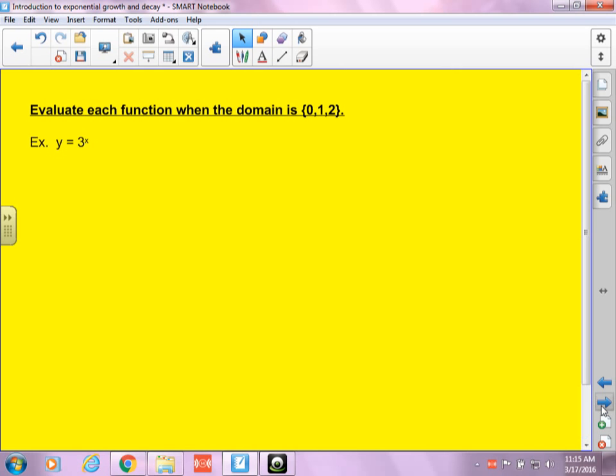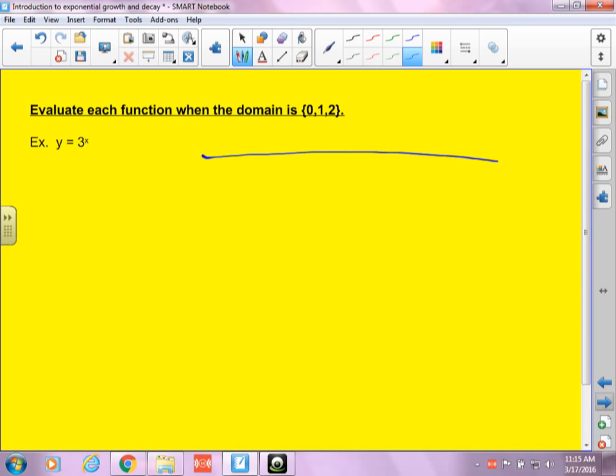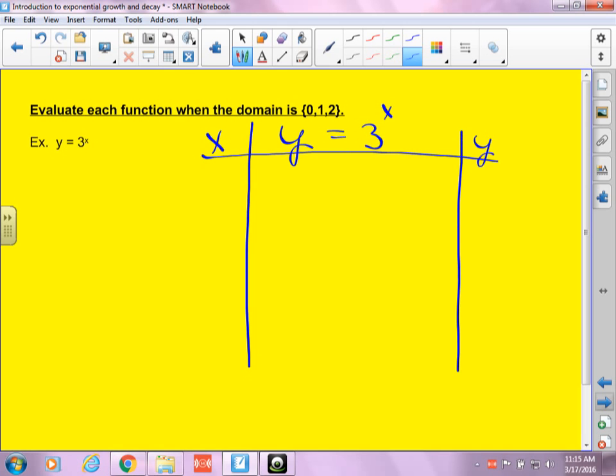All right. Now, this is going to be like your homework, right? And we did a lot of this like we did with linear. The first thing we're going to do is make an H table. A lot of kids like this, and the reason why is, is this something new?